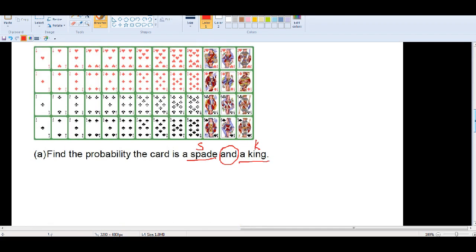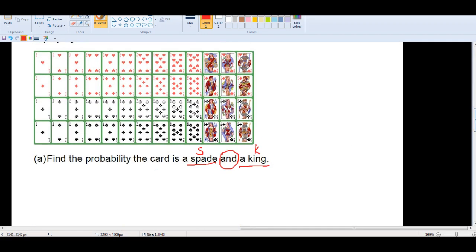When we consider the diagram here, what are the spades? Spade means, I'm going to highlight this, so watch carefully. The part I highlighted is a spade. How about king? King is over here.